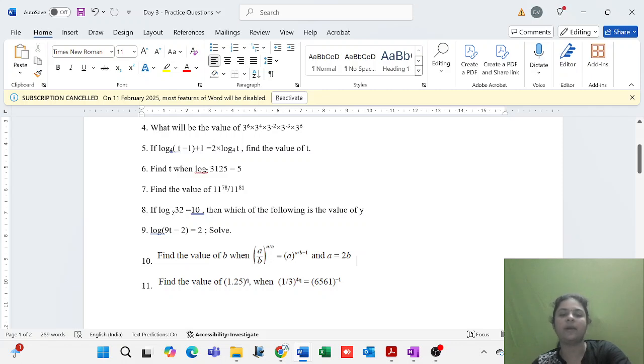And the 11th one, the last question. Find the value of 1.25 to the power q when (1 by 3) to the power 4q is equal to 6561 to the power minus 1. Now remember, in all of these the hint is to try to bring the base to a common value.